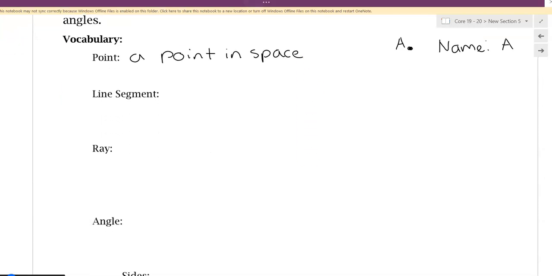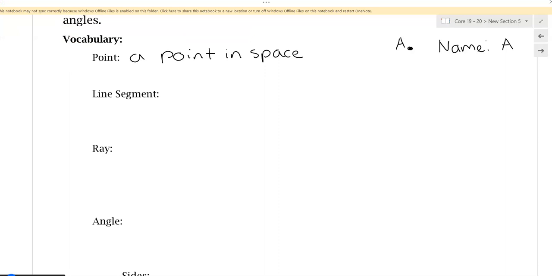So then a line segment is two endpoints.